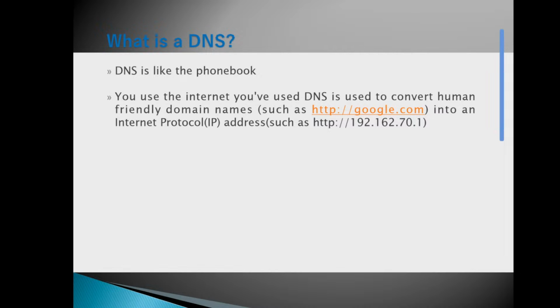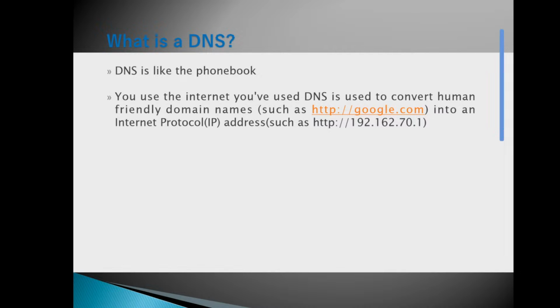When you want to call someone, can you call a person by name from your mobile? Let's say there is a person called Rahul. If you want to connect to Rahul, can you just say Rahul, connect to Rahul, and it will be connected? No, you require Rahul's mobile number.